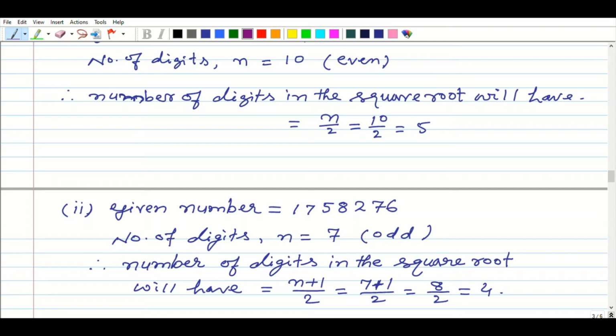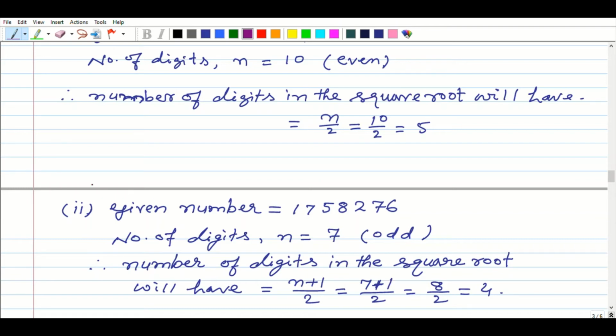Why is it required? You see a large number and become panic. So that's why it is required to know the number of digits after the square root, right? Sometimes it will be asked at the academic level. So it is required to know.